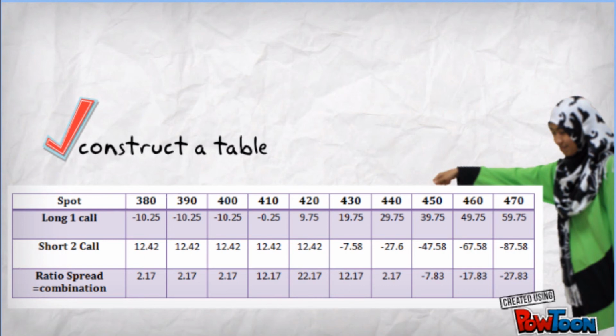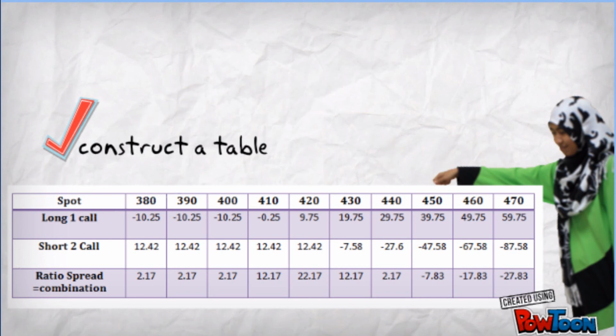As you can see from the table, the seller of the call option gets profit from the spot price 380 until 420 because the buyer of the call option does not exercise the option. The price of the call option is 6.21. We need to multiply 6.21 by 2 because the seller of the call option shorts 2 calls. This means that the seller of the call options will gain the profit 12.42 from the spot price 380 until 420.